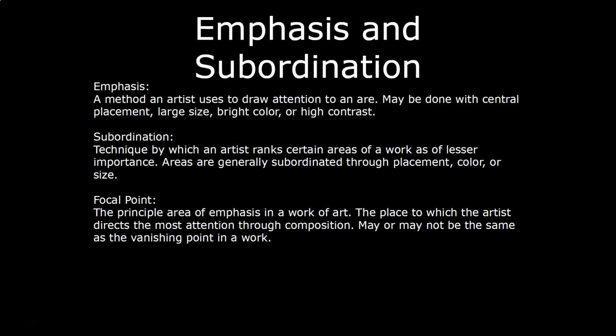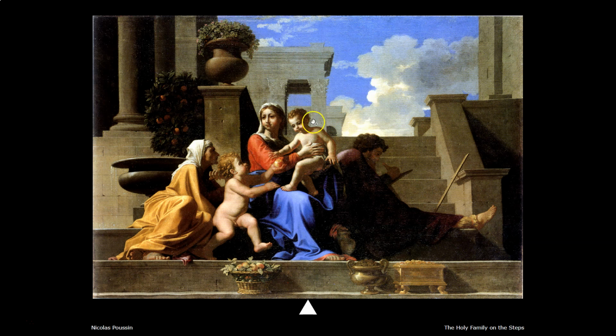Emphasizing just means making people pay more attention to something, and subordination is just things that will make them less likely to pay attention to an area. And then the focal point would be like here, baby Jesus, who is what we want everyone to mostly be paying attention to. Obviously, their eyes are going to move around and they're going to pay attention to a lot of different things in the image, but baby Jesus would be the focal point.